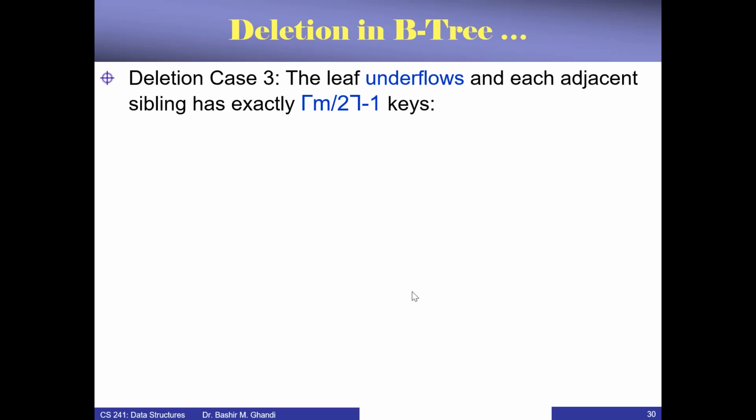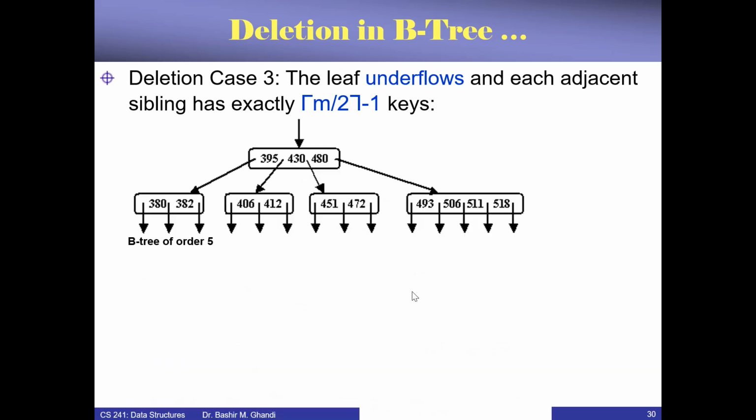Okay, so let's take the example. Suppose we have this tree, which is order 5. So minimum keys is 2, cannot go less than 2. All these nodes are in their minimal state. And suppose you want to delete 142. Obviously this node will underflow after the deletion, so that's not acceptable.